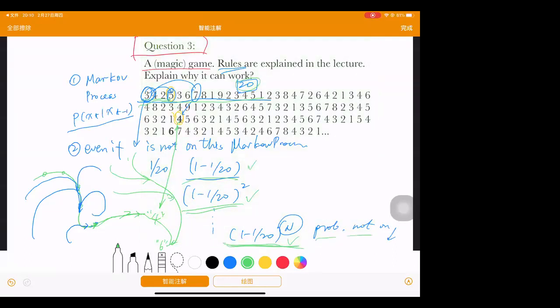This probability is small, which means you have a high probability of hitting this predefined Markov process. That's why this kind of game will highly likely work. If you want to play that, you can set up a random generator and try this.